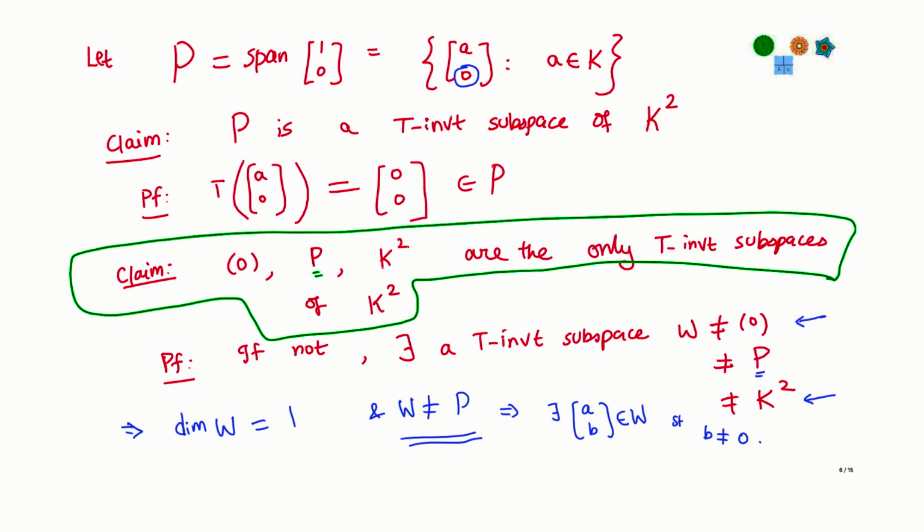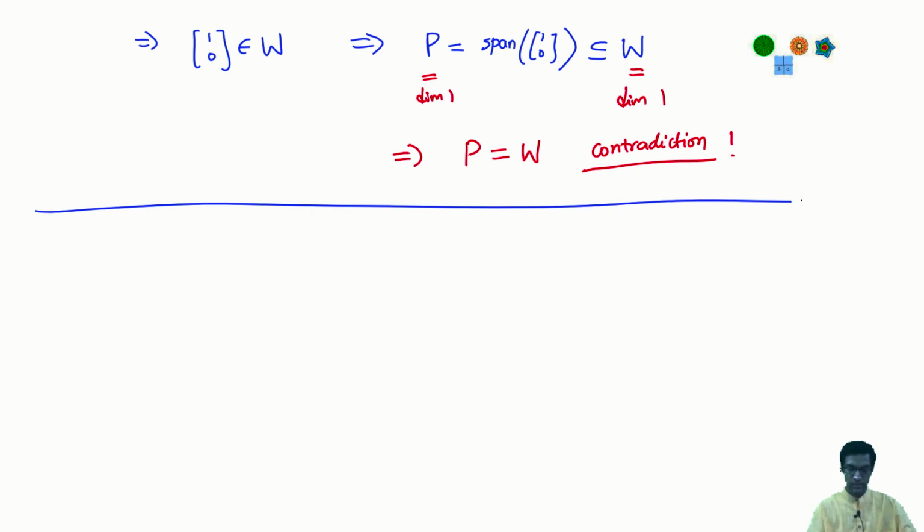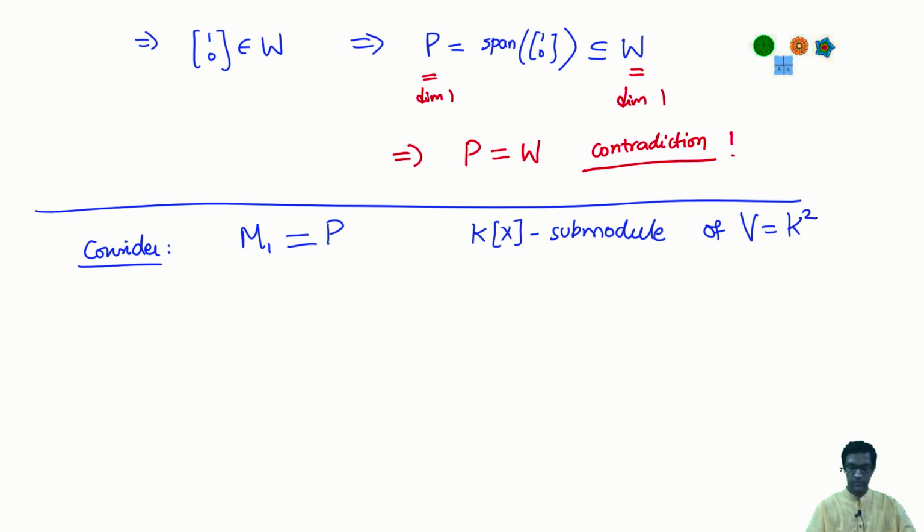Let me take my submodule M1 to be P itself here. So consider M1 to be P. So this is definitely a K[x] submodule of K^2. Okay, because it's T invariant, but observe this does not have a complementary subspace.